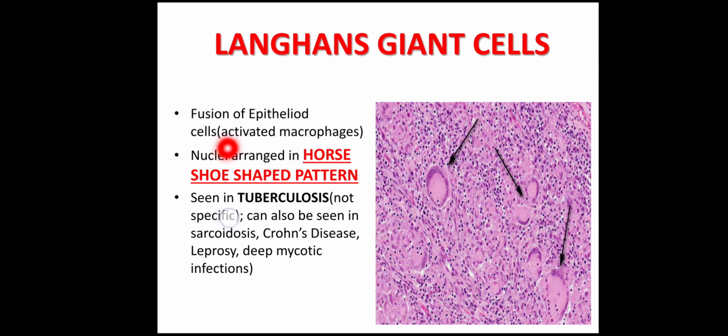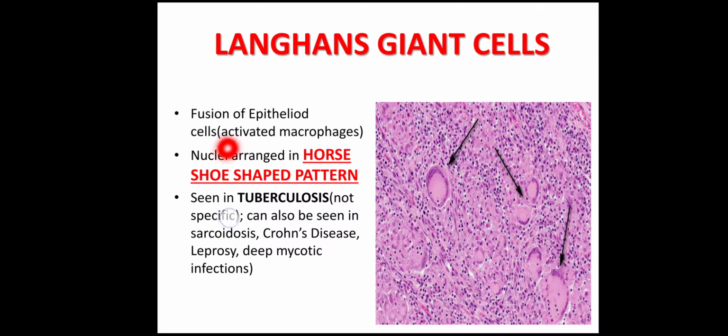So the characteristic feature of Langerhans giant cell is that the nuclei are arranged in a horseshoe shaped pattern. Commonly it is seen in tuberculosis, but the presence of Langerhans giant cell is not specific for tuberculosis.